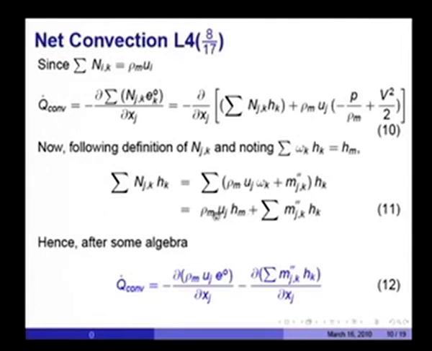And therefore, if I replace this term here, then you will see you have rho m u j h m minus p by rho m plus v squared by 2, which would be written in this fashion. And then the leftover term, the diffusion flux term, would be given by that term. So, that is the expression for the convective flux.